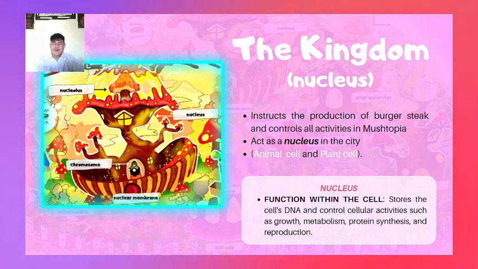So the kingdom acts as a nucleus in the city, which can be seen also in animal cell and plant cell. And it is related because just like a nucleus, the function of the nucleus is to store the cell's DNA and control cellular activities such as growth, metabolism, protein synthesis, and reproduction.